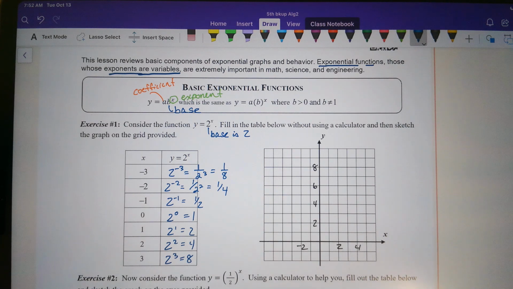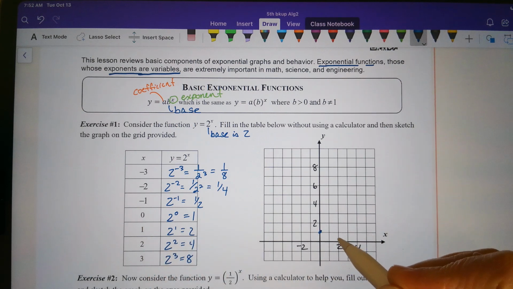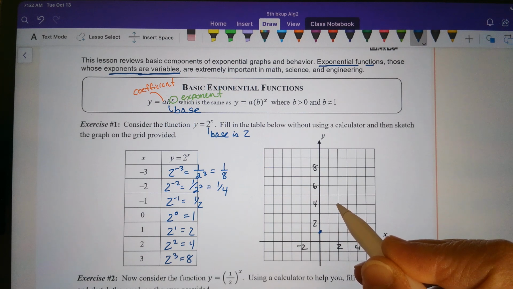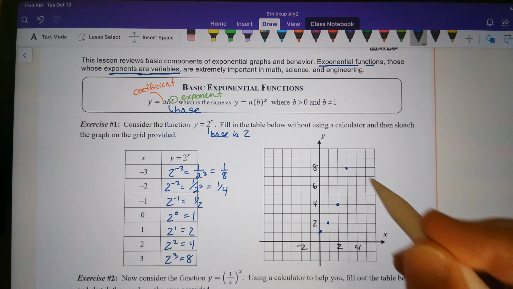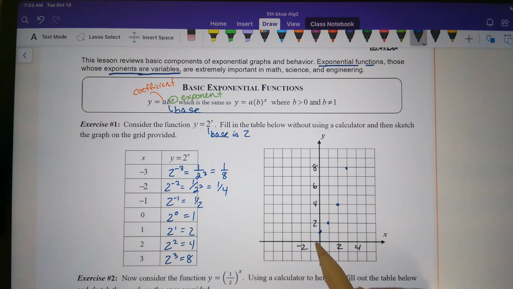Now, sketching the graph. All right, so 0, 1, starting in the middle here, 1, 2, 2, 4, I skipped 1, 1, 2, back to that, and 3, 8, and negative 1, 1/2, negative 2, 1/4, and negative 3, 1/8.